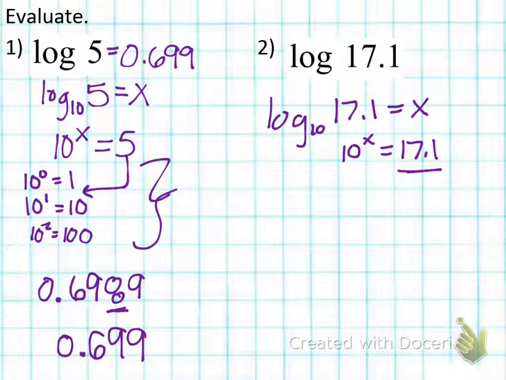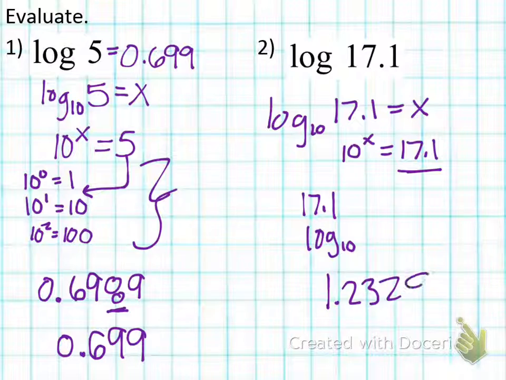Okay, and if I push 17.1, then the log base 10 button on my calculator, I get an answer of 1.2329. Rounding to the nearest thousandth gives me 1.233. So log of 17.1 equals 1.233.